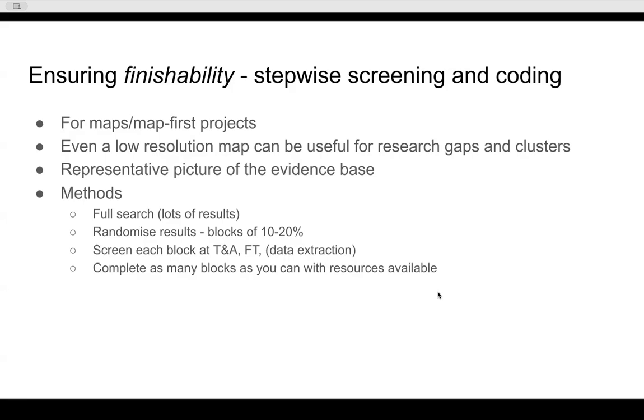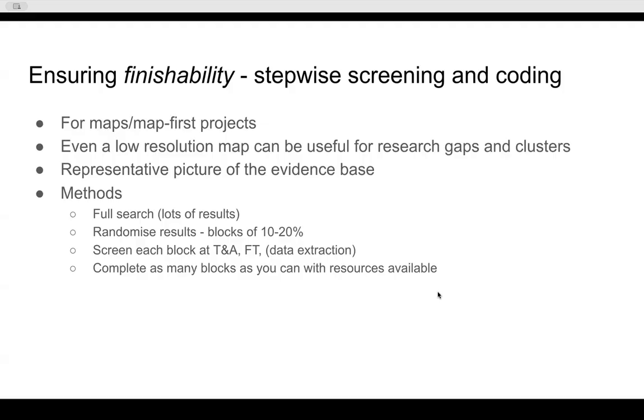Typically, we've been doing that at title and abstract and then full text before moving on to the next block. But we've also recently started doing title, abstract, full text, and then data extraction or data coding before moving on to the next one. And you then move on to the next block, and the next block, as far as you can until you run out of resources and time.